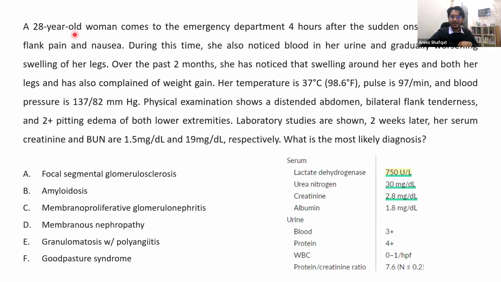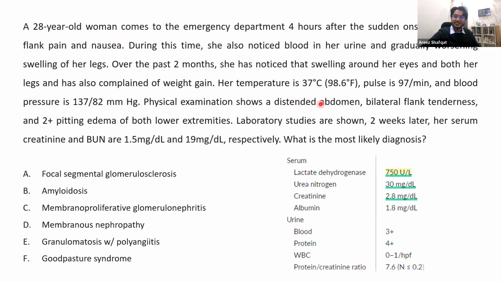So this question, a 28-year-old woman comes to the ED 4 hours after sudden onset of bilateral flank pain and nausea. During this time, she also noticed blood in her urine and gradually worsening swelling of her legs. Over the past 2 months, she has noticed swelling around her eyes and both her legs and has also complained of weight gain. She is vitally stable.